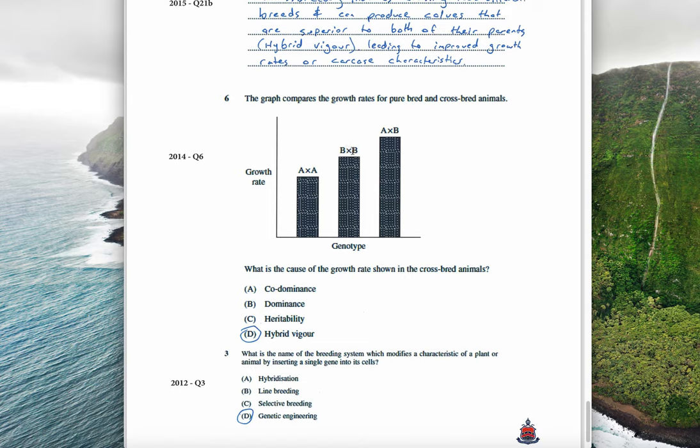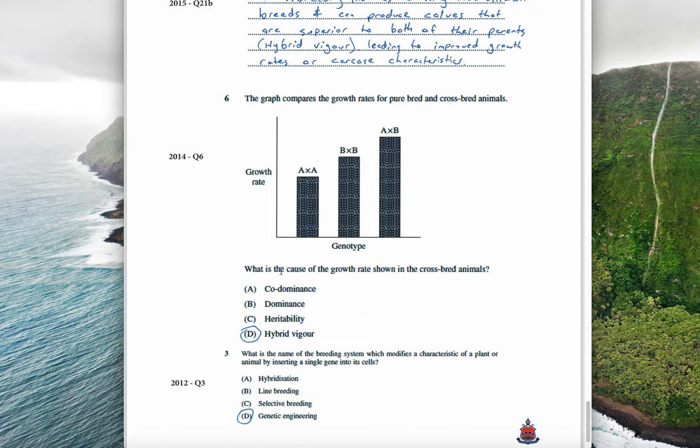Over here you've got BB, and you're crossing whatever it might be, Angus, Hereford, it doesn't matter, but you're crossing the same thing with the same thing. And clearly this one here is the crossbreed, because you're crossing whatever it might be, Hereford with a Brahman, or an Angus with a Brahman, or an Angus with a Hereford. But this clearly here is the crossbreed that they're referring to, instead of these purebred ones here.